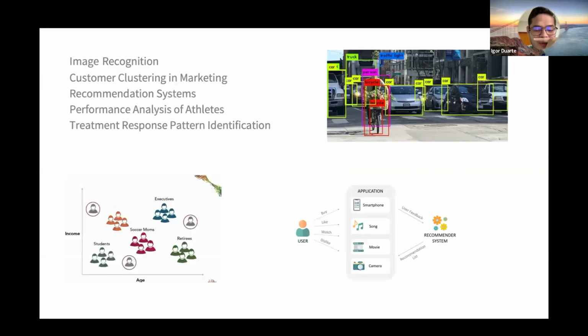So here we have some application examples. For example, image recognition, as you see, with the cars and the bike. In image recognition, k-means is used to compare features extracted from the image, such as feature vectors or color histograms, and try to identify the similarity between a query image and the images in a database.